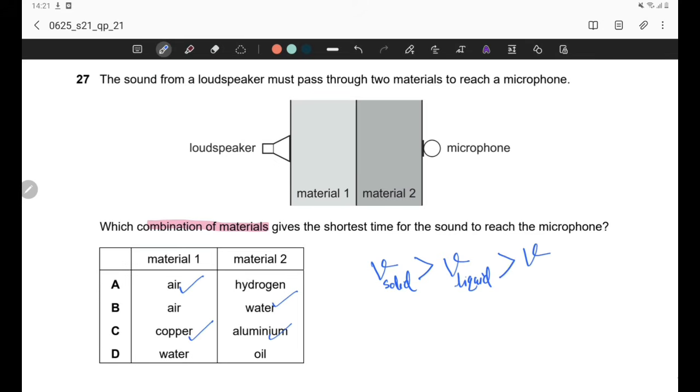So the velocity of sound in air is least. When we see the options, copper and aluminium are both solids, so the sound will travel faster if we use these two metals, materials 1 and 2. Therefore the correct answer is option C.